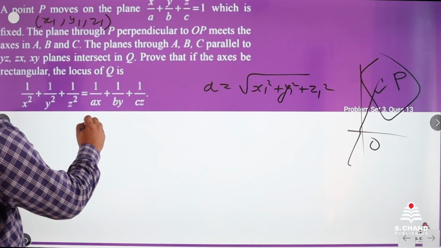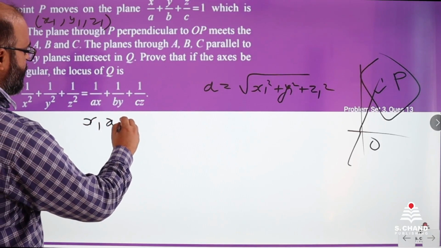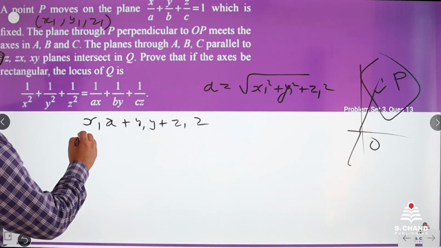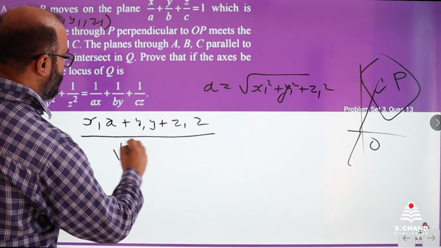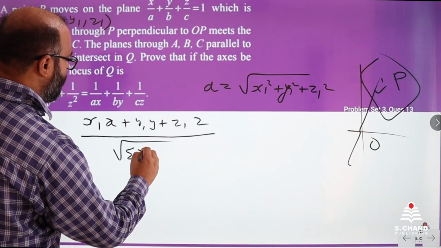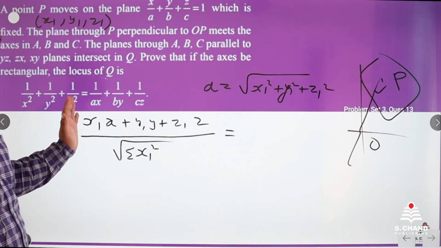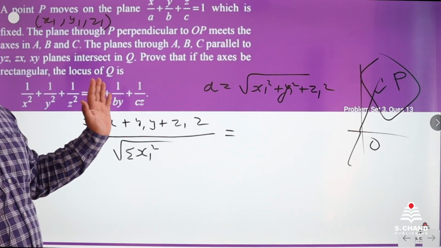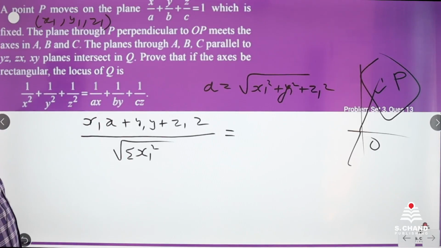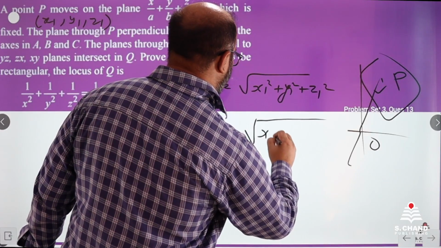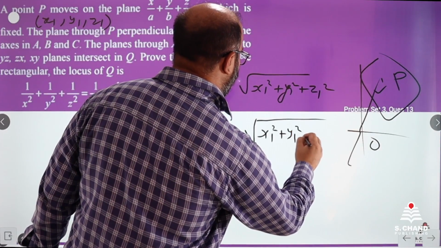So we can say x1 x plus y1 y plus z1 z over root over sigma of x1 square, that will be the direction to find that particular normal to the plane, and that is equal to the distance from origin, that will become root over x1 square plus y1 square plus z1 square, right?